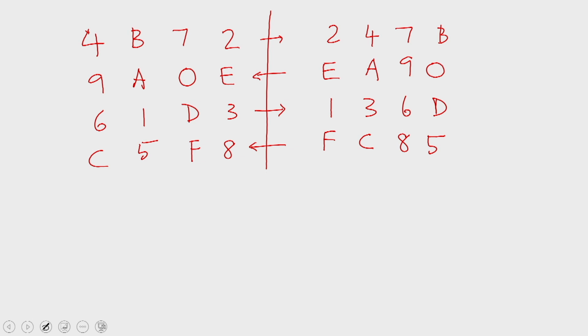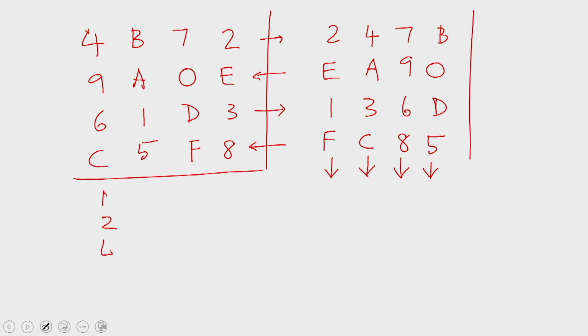Now, in the second phase, in the second step of the algorithm, we will sort every single column of the linear array. The columns are all uniformly sorted from top to bottom. So, when you sort the columns from top to bottom, the array that we get is this. 1, 2, E, F is how the first column looks.